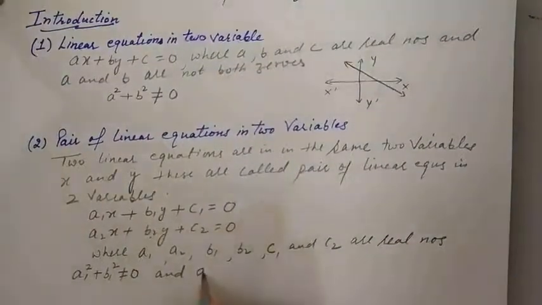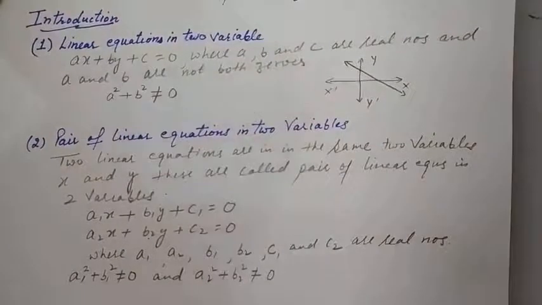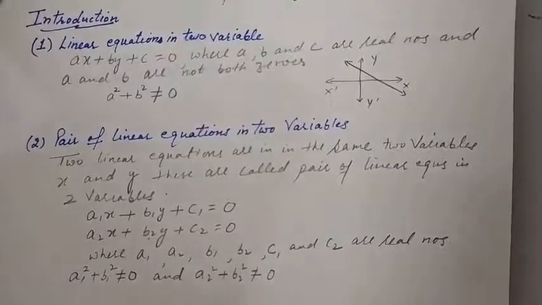It means a2 square plus b2 square does not equal 0. So this condition will be applied here.